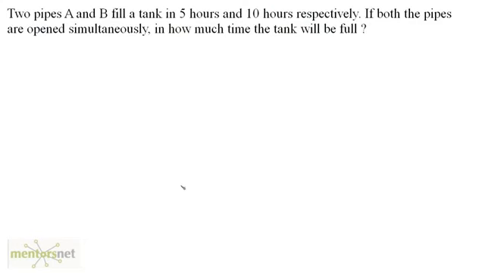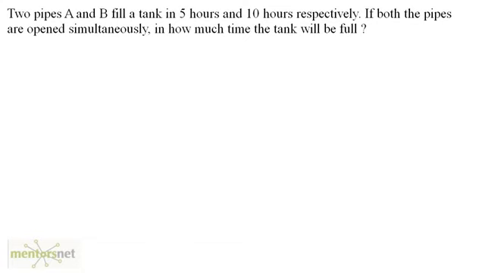The question is, two pipes A and B fill a tank in 5 hours and 10 hours respectively. If both the pipes are opened simultaneously, in how much time will the tank be full? There are two pipes which are filling the tank and no pipe which is letting water out.